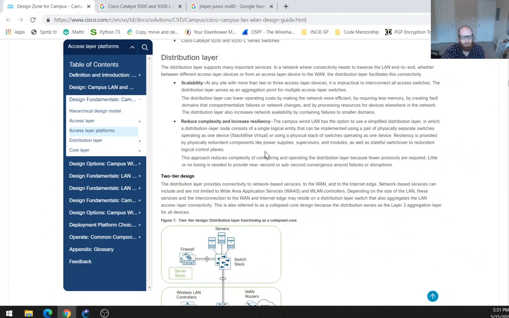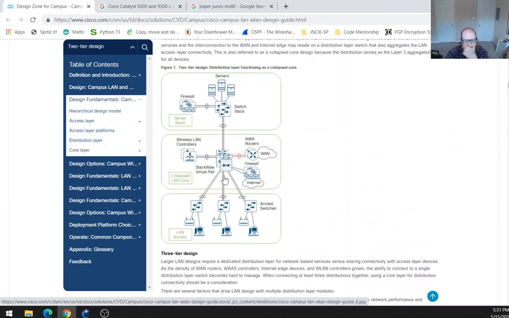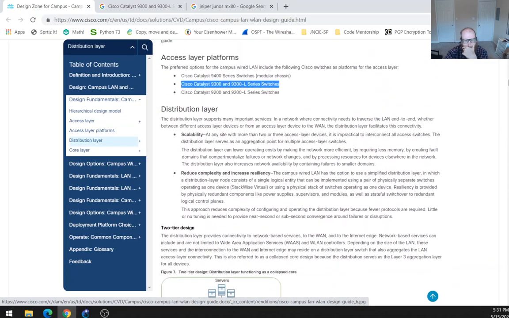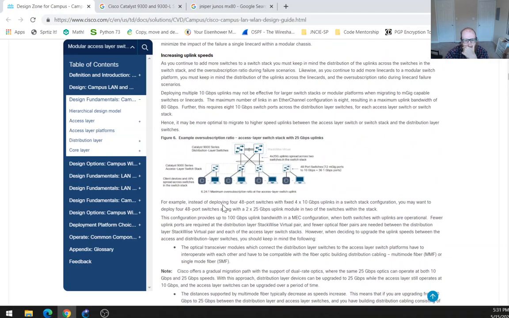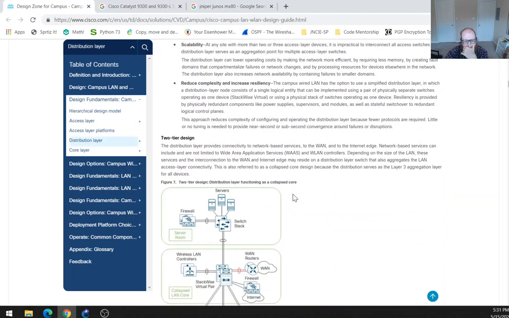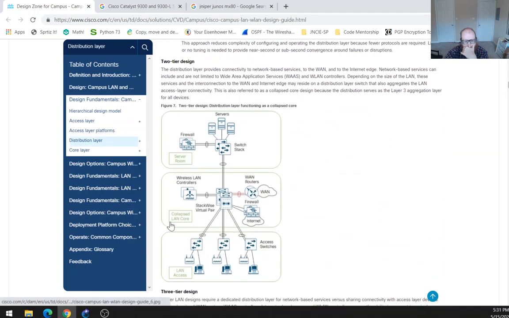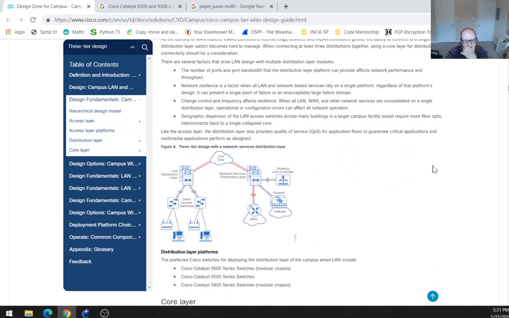It's quite a bit different here than what they showed up here. I'm not even sure what this is meant to be, but this connection is quite a bit different than this connection. But that's because this is a two-tier design.